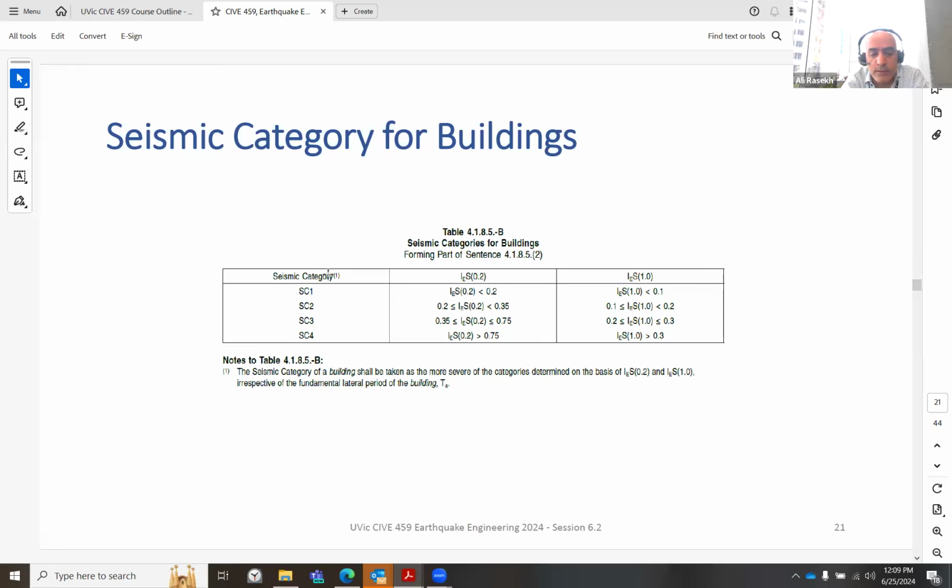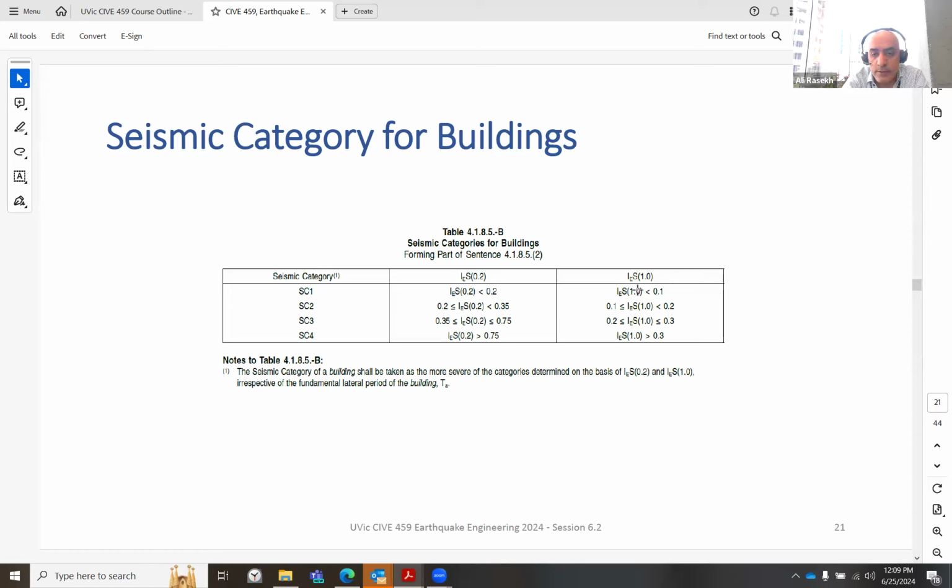There are 4 seismic categories. And there are 2 criteria, one based on the spectral acceleration at shorter period, one based on the spectral acceleration at the longer period that we read from the website.